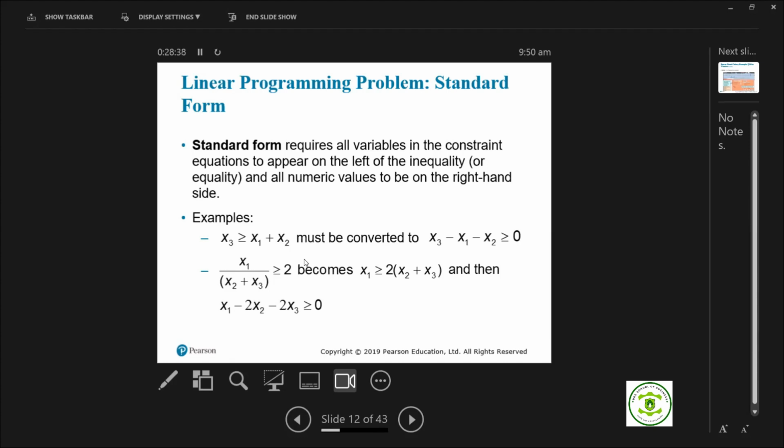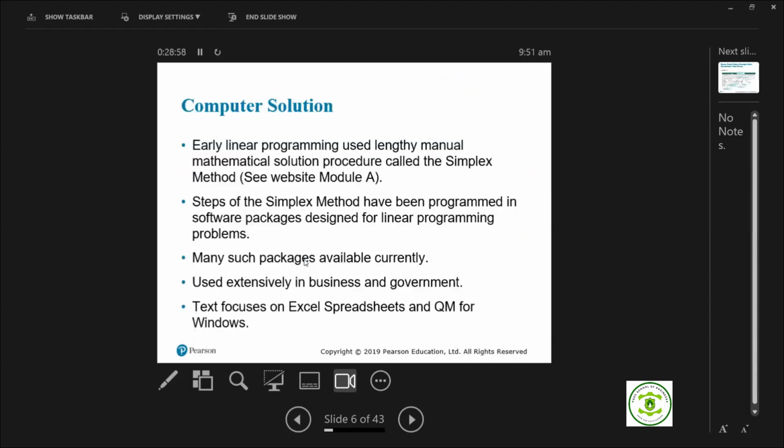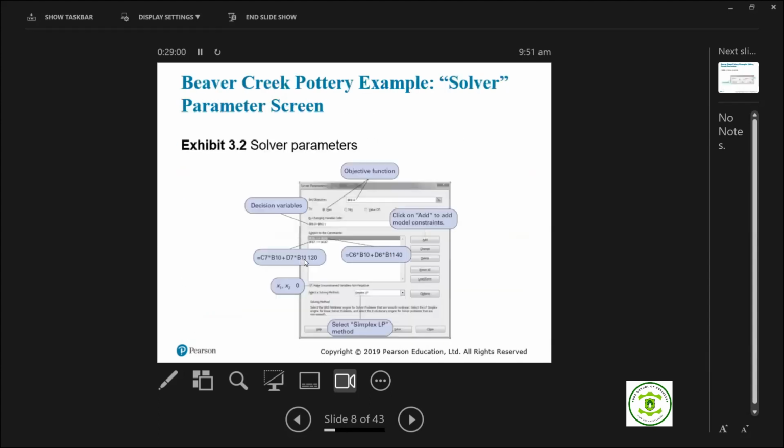It creates answer report 2 and sensitivity report 2. So we are just duplicating what we solved already. So my interest now is to take you through the answers, or the results.